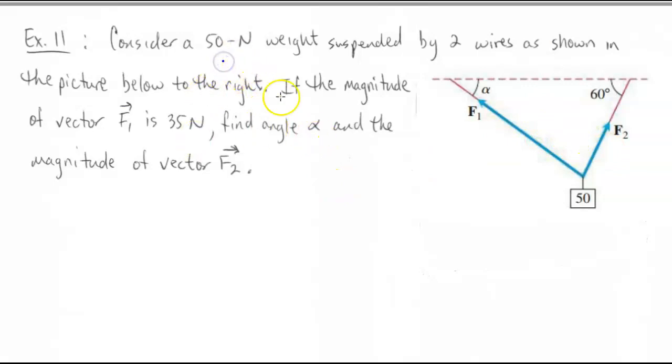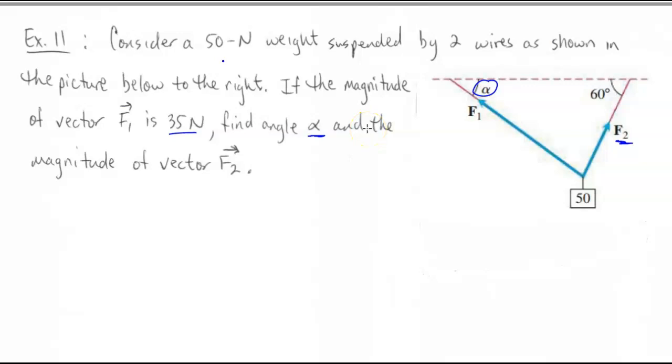So we see here that we have a 50 Newton weight suspended by 2 wires as shown. The magnitude of the vector F1 is going to be 35 newtons, okay? And what we want to do is find out what is going to be this angle here and the magnitude of vector F2, okay?